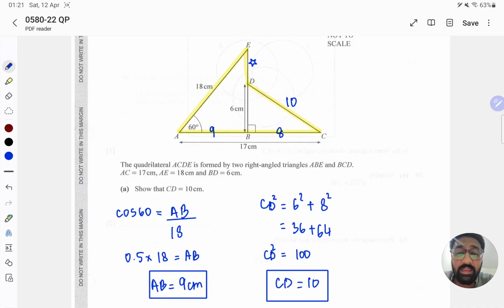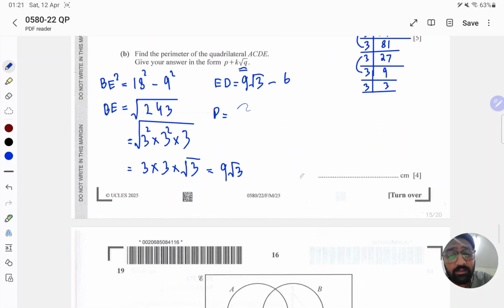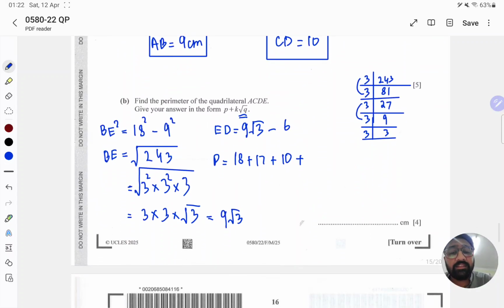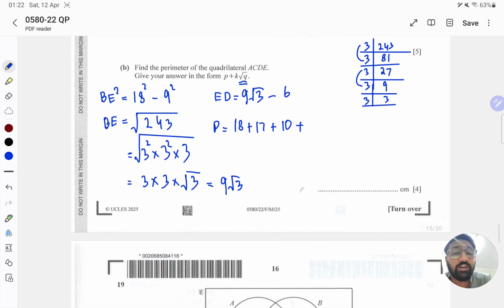So it's basically 18 plus 17 plus 10 plus ED. We cannot subtract ED because one is in surds and the other is not in surds. So we will write it down as it is over here.